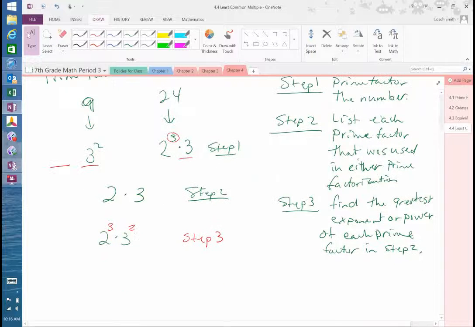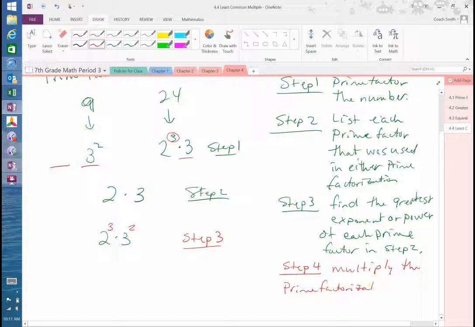Now I'm going to take step 4, multiply the prime factorization from step 3. So I take 2 times 2 times 2 times 3 times 3. 2 times 2 is 4 times 2 is 8.